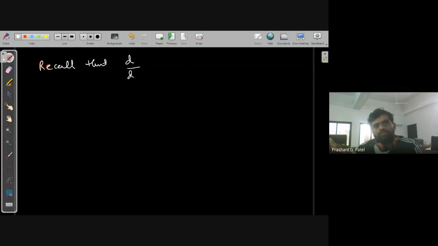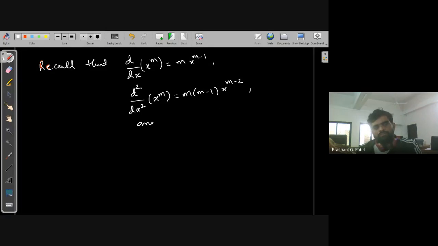What is the first derivative of x raised to m? That is m into x raised to m minus 1. Second derivative, or in general nth derivative, we can also write down. So nth derivative will be m into m minus 1 up to so on m minus n plus 1 into x power m minus n.